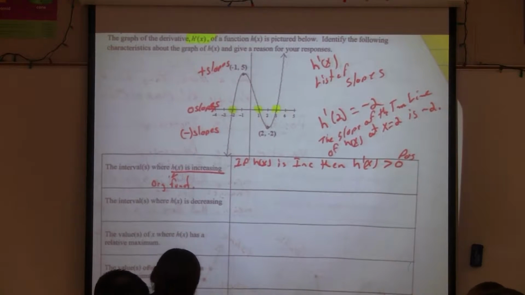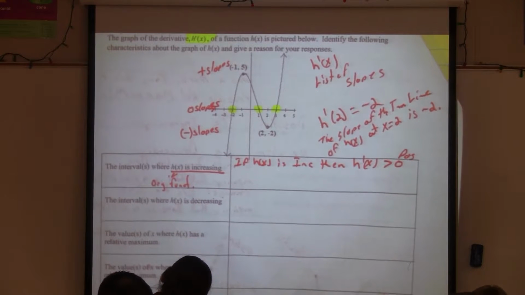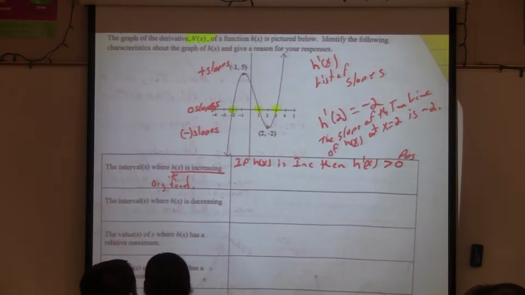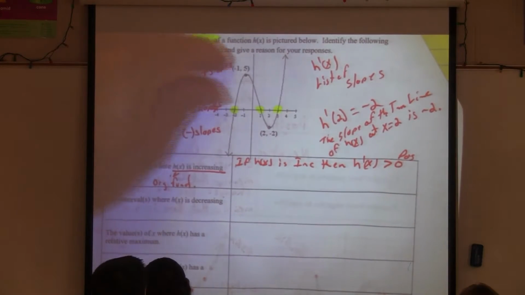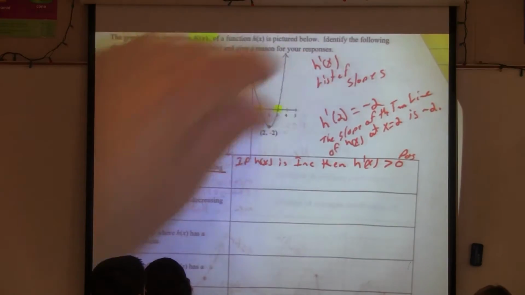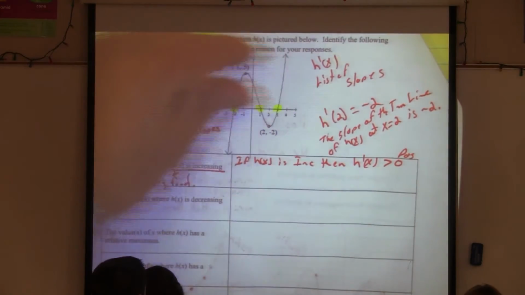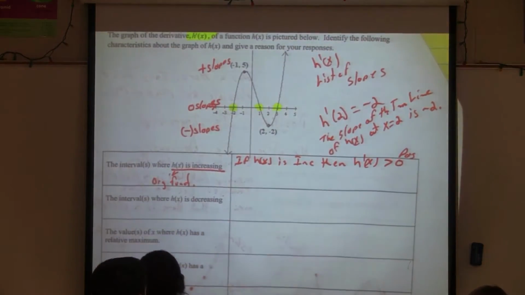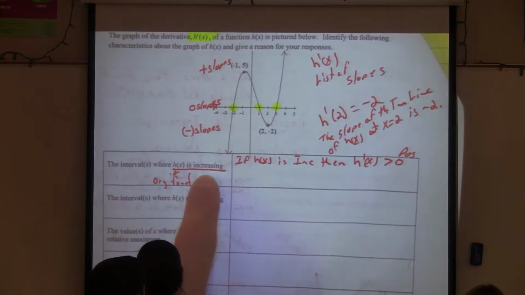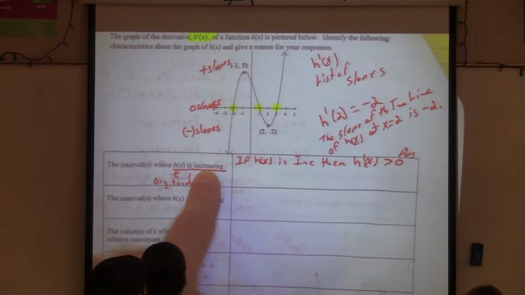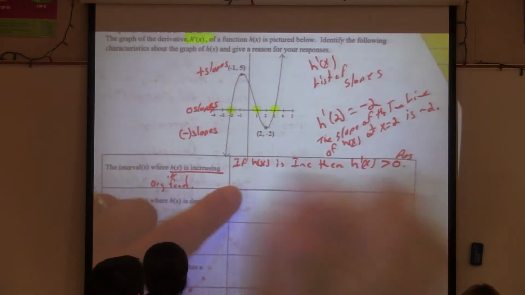And how am I going to know where the derivatives are positive? Above the x-axis. So all these intervals where it's positive are where the original function is increasing.